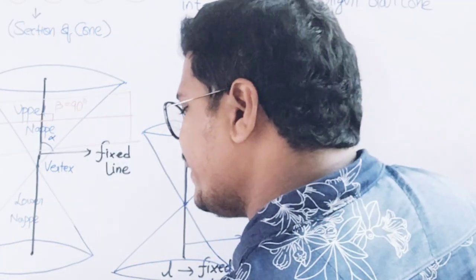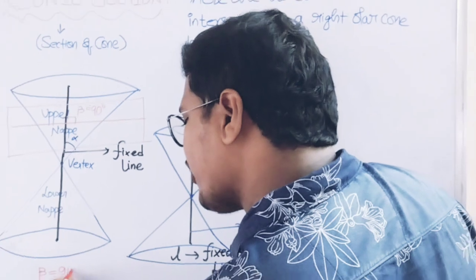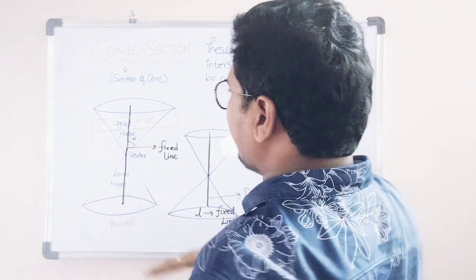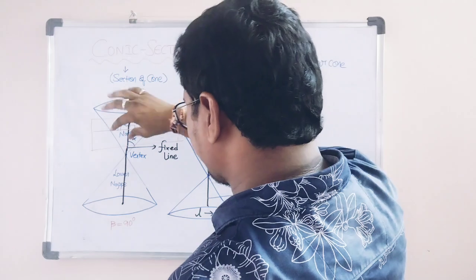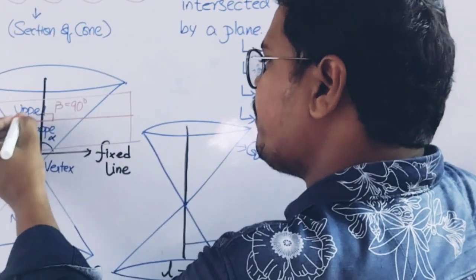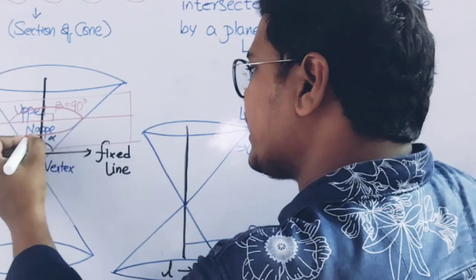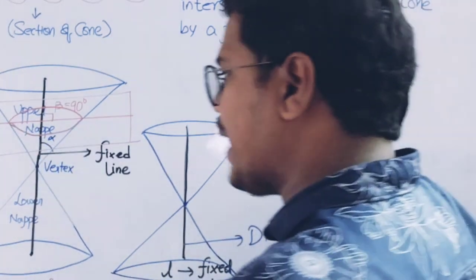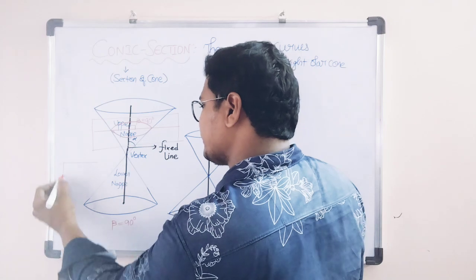At beta equal to 90 degrees, what have you observed here? See, whenever a plane cuts this portion perpendicularly, it obtains one simple closed figure. Let me show you like this.